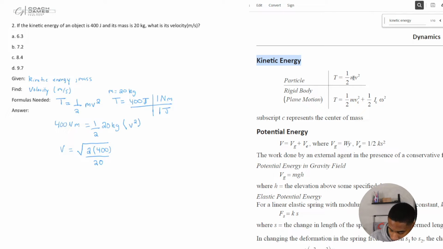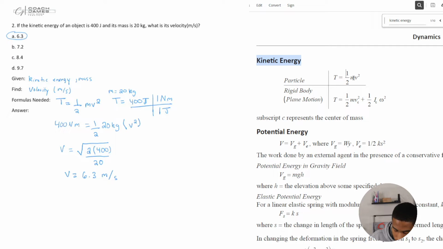And so when I solve for that, v is going to ultimately cancel out to be 6.3 meters per second. All right. So my answer is A.